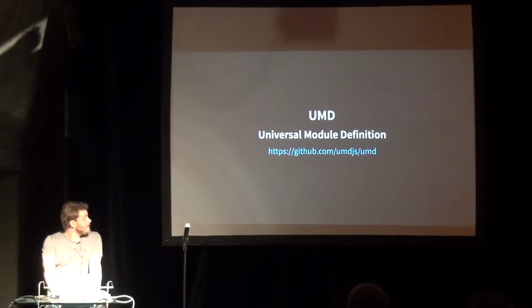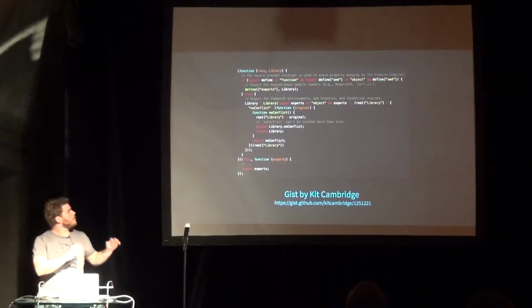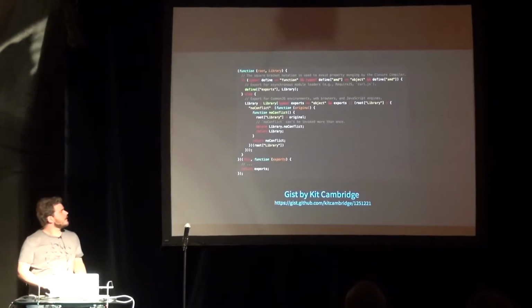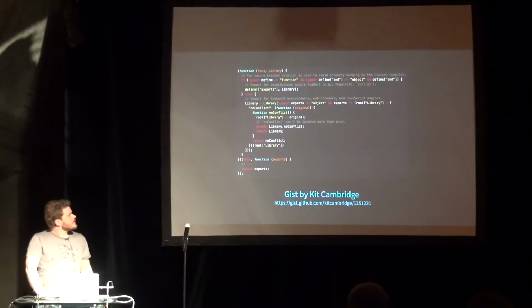And well, so UMD got created, and basically UMD is a collection of a few snippets which more or less look like this, okay? And you already see, that's not too clear where we are actually doing the exports or where we are doing the imports.